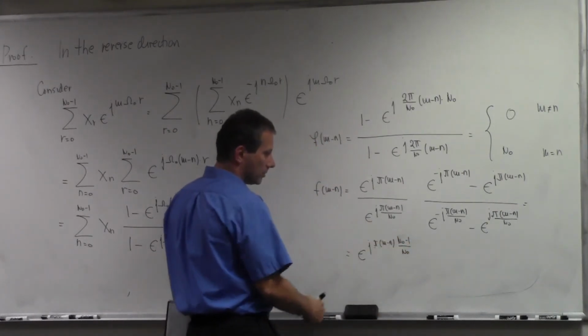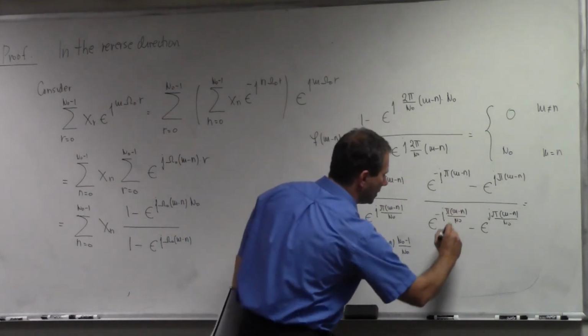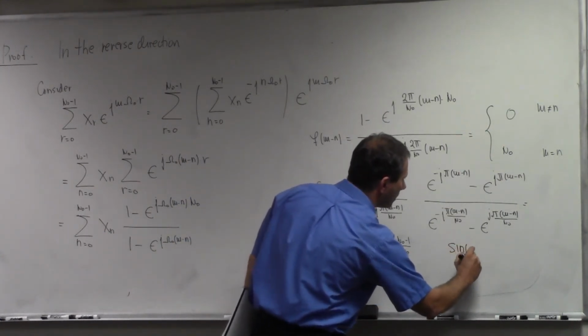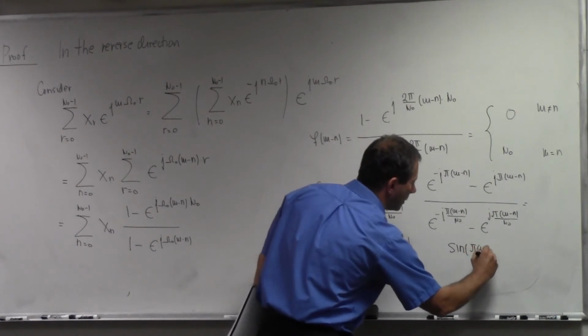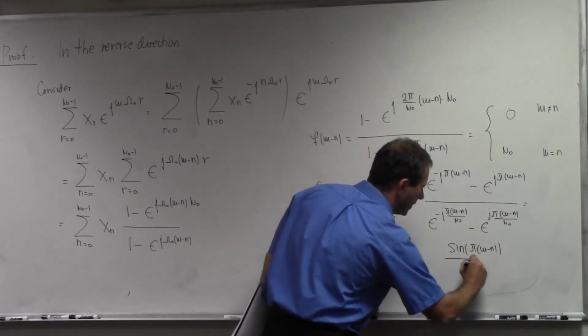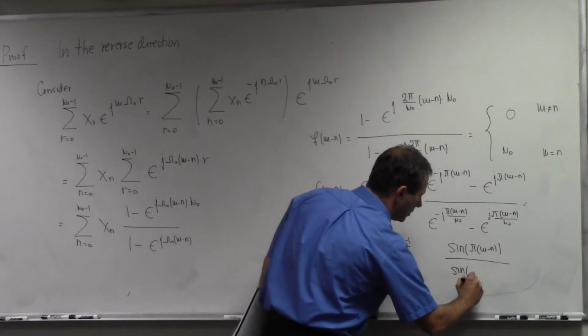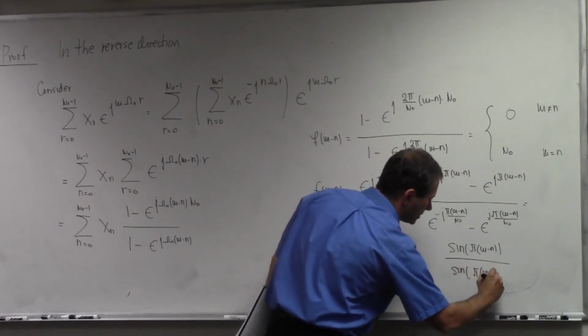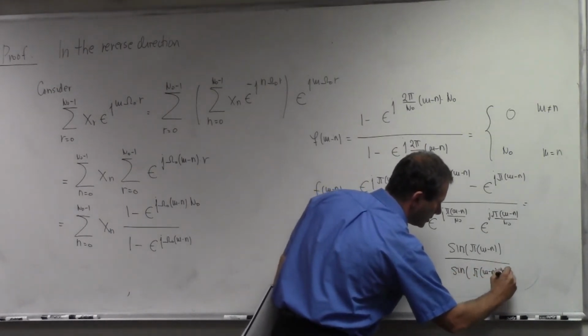That's not that important because it's going to go to 0 anyway. But here I have sine of pi m minus n divided by sine of pi m minus n over n0.